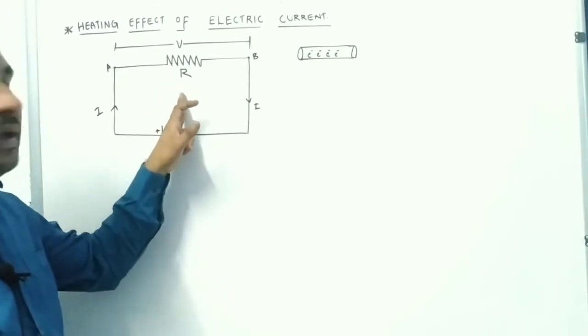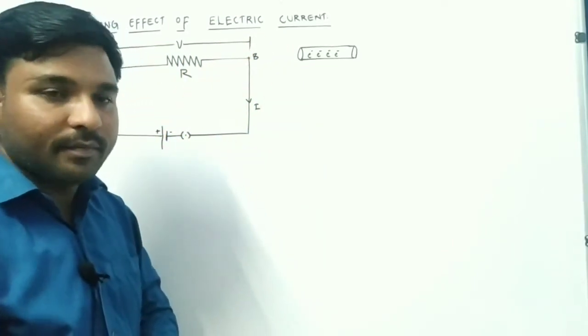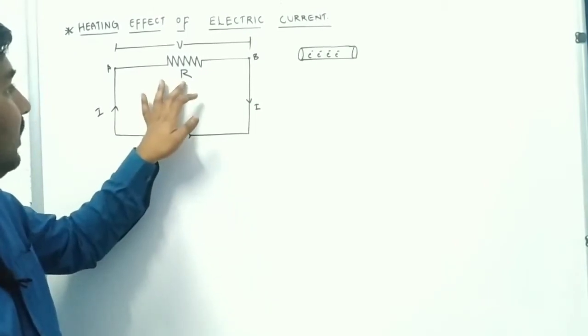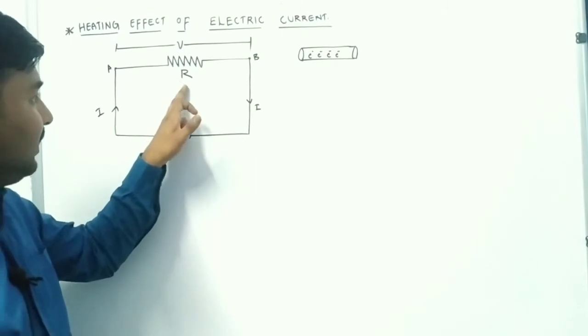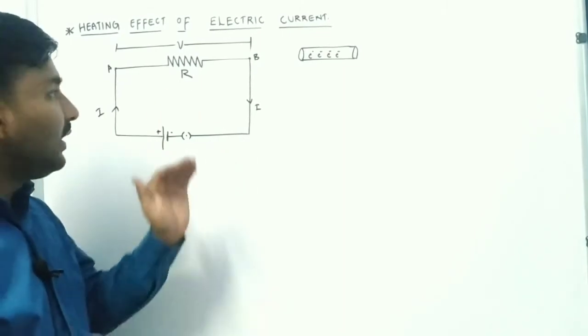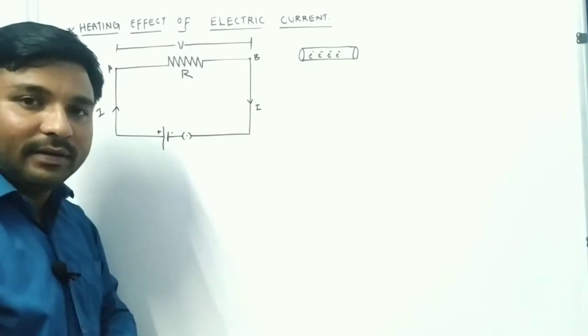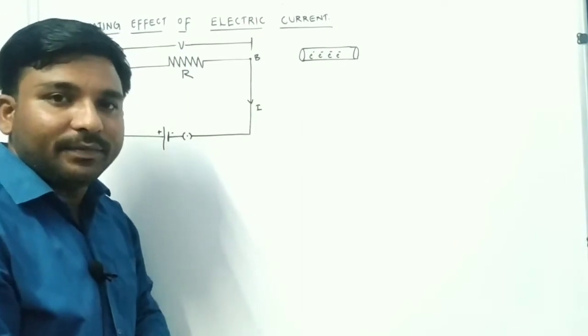This phenomenon is called the heating effect of electric current. Once again, when we pass the electric current through the conductor, it gets heated due to the flow of electric current. This phenomenon is called the heating effect of electric current, right?